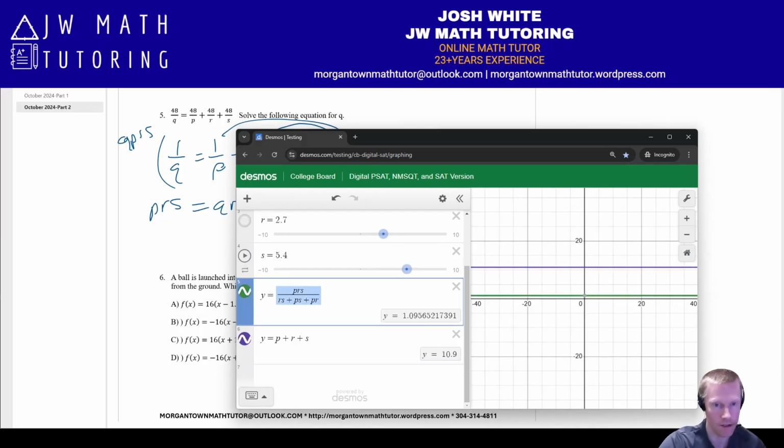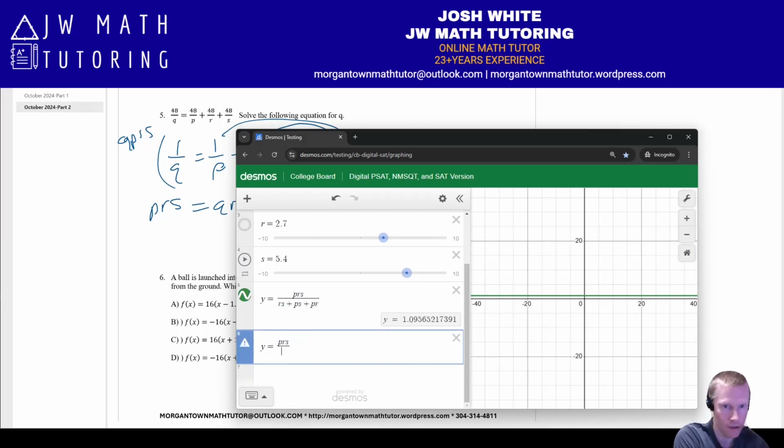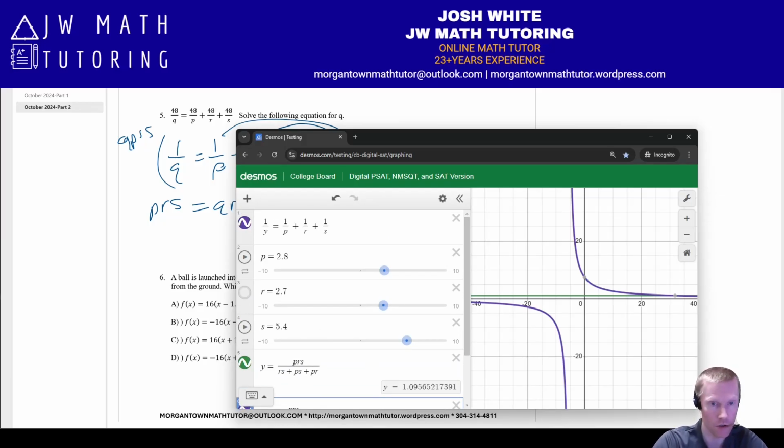Or if you had something like this, you can see this clearly does not overlap the horizontal line we're looking for, so this is wrong. But you'd go through all four answer choices, type them each in, and see which one completely overlaps, which one has the same exact value as the original problem that you first graphed.